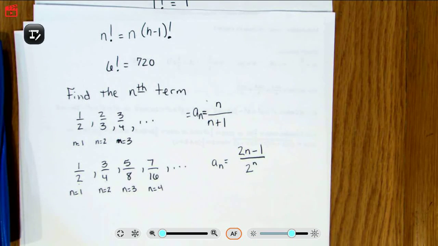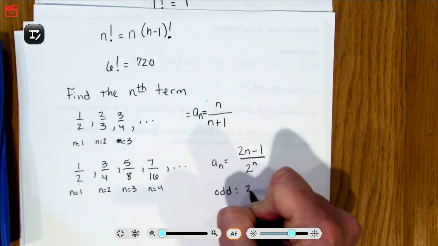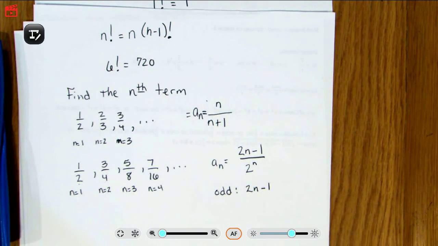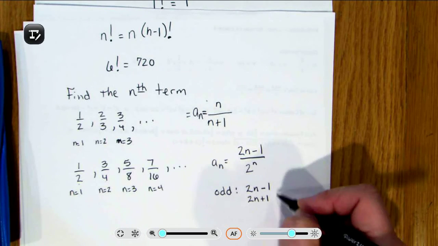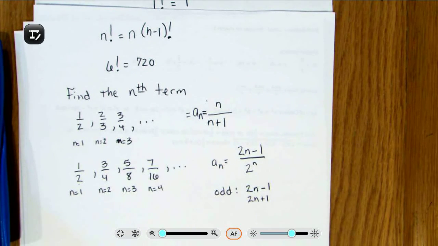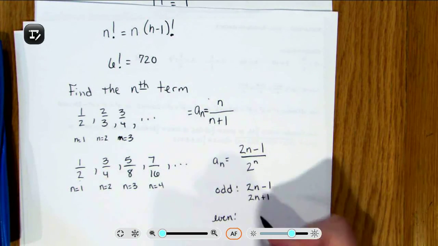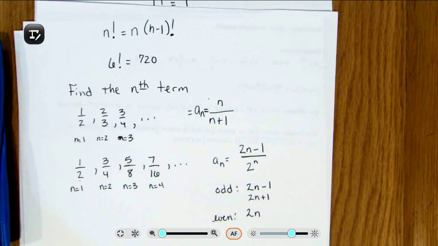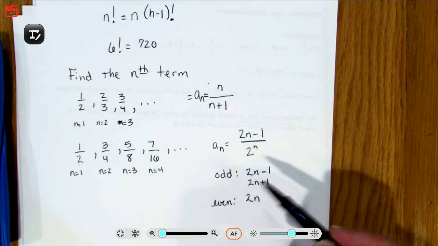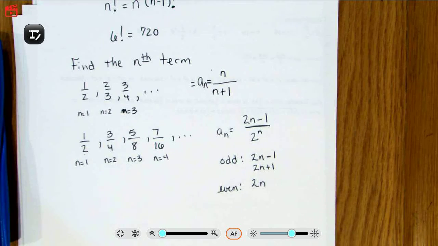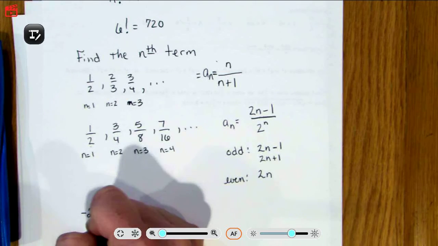In fact, if you see odd numbers, they'll either be in the form 2n minus 1, depending on where you start, or 2n plus 1, or you can add or subtract an odd number to get your starting point. Even numbers, so if you go like 2, 4, 6, they'll take on that pattern 2n. So look for those odds and evens, which kind of spoiled the next one for me, but that's okay.